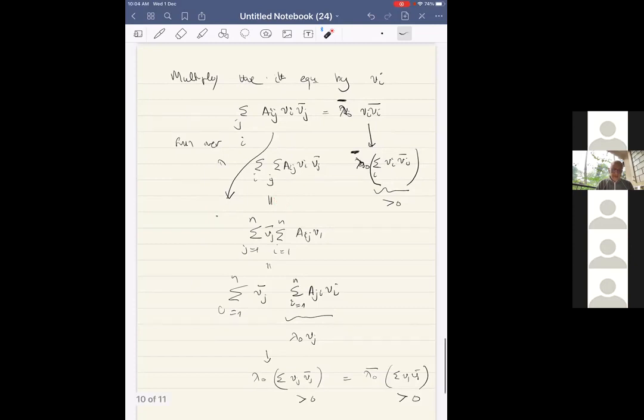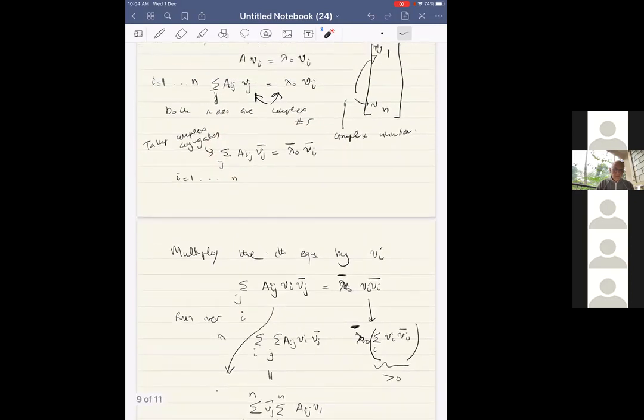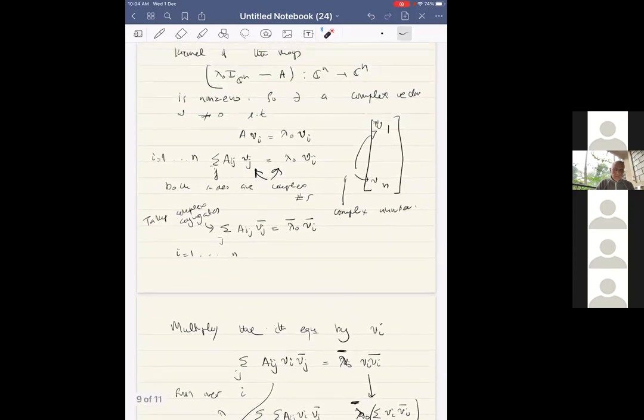So what I'm doing is I'm taking this equation. So I have these n equations here, i equal to 1 to n. Sorry, I think that this should not be here.